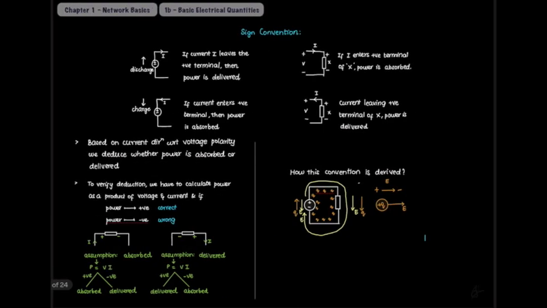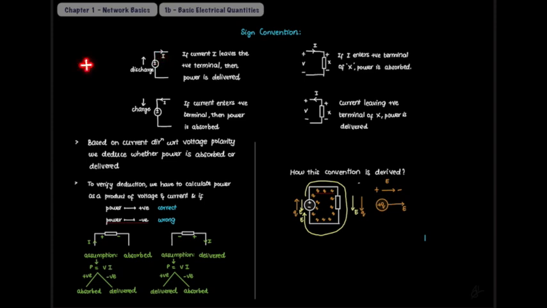So now that we have summarized the basic quantities, let's also look at the sign convention that we want to follow for this particular lecture series for any questions that you're going to solve, and let's see how it is relevant. For example, if you have a circuit where you have a source or any element where the current is leaving the positive terminal, then we assume that the power is being delivered by this element.